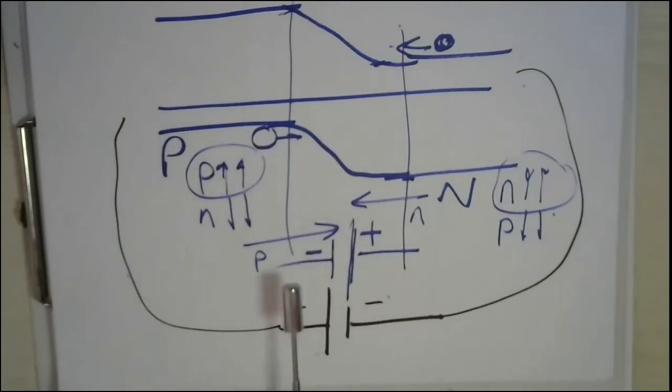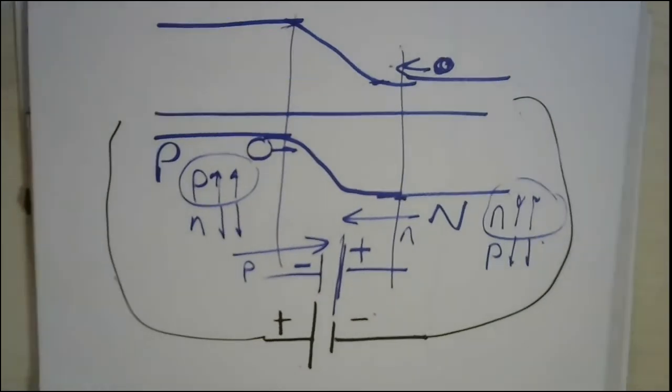So whenever you add a forward potential, you have to ask yourself a very important question: is this forward potential greater than or smaller than the built-in potential? This will make a big difference in our calculation.